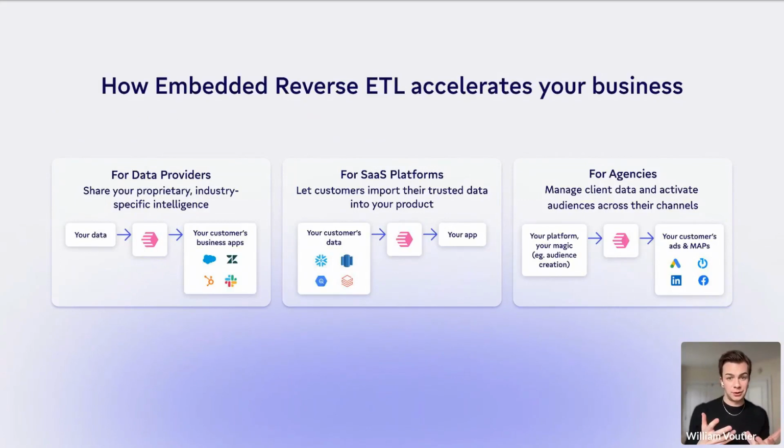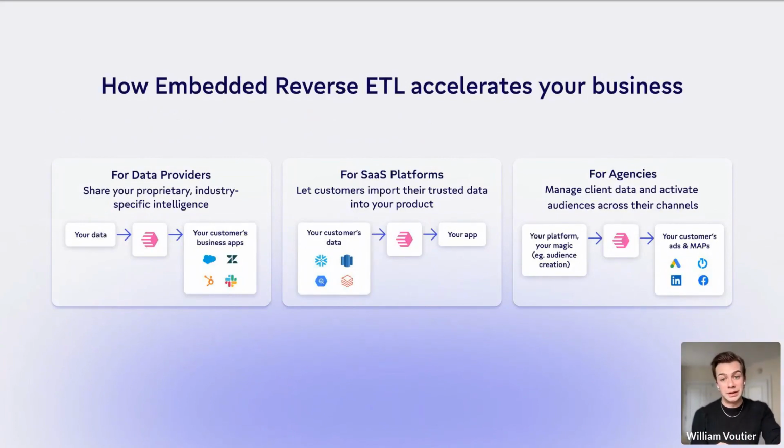SaaS platforms are using the inverse, right? Sorry, they're putting their customers' data inside of their application, right? So imagine an application that needs access to its customer data, but that customer's data is inside of their warehouse.